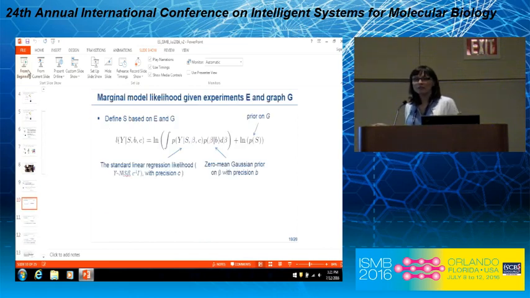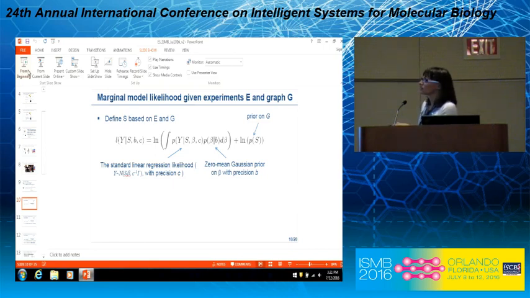Because it's Bayesian, we are dealing now with a marginal likelihood of our model for given experiments and the given graph G. We can compute this S matrix, the perturbation states matrix, and now the log likelihood looks like this. These two terms together are the posterior.